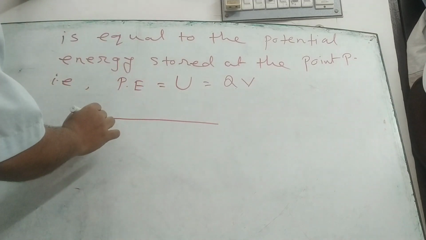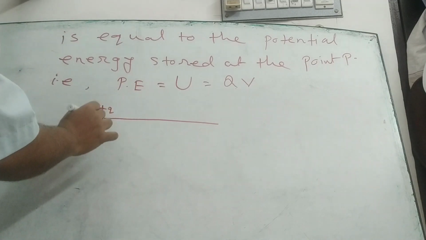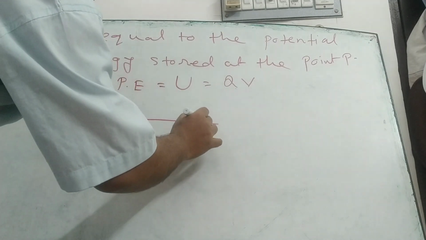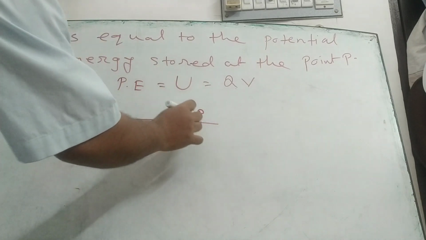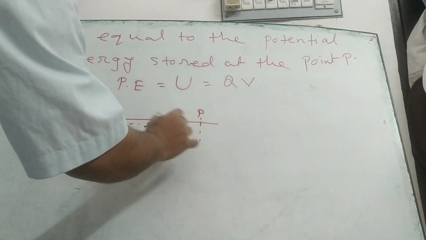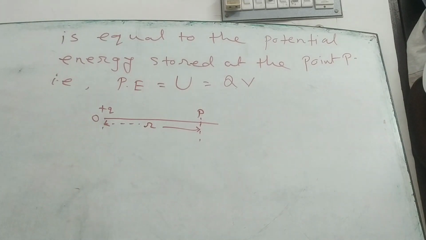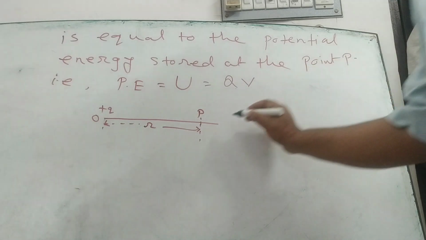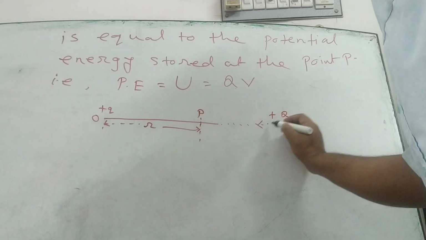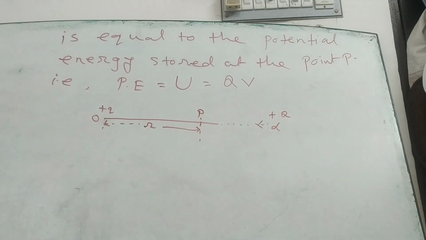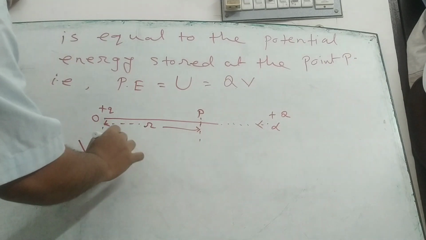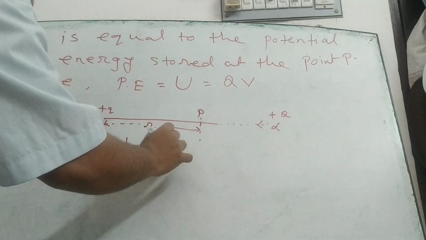Now we consider another charge plus Q at a point O, and P is a point at a distance r from the point O. Now plus q charge is brought from infinity to the point P. We know the electric potential at the point P is V equal to 1 by 4 pi epsilon 0 Q by r.